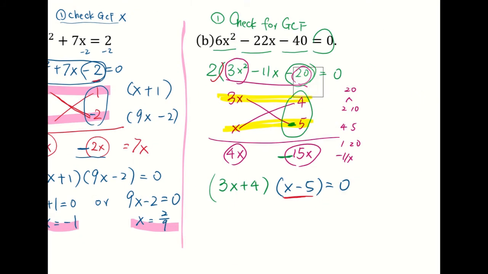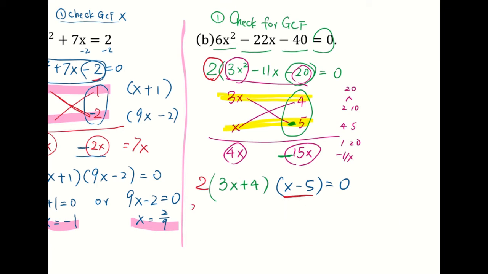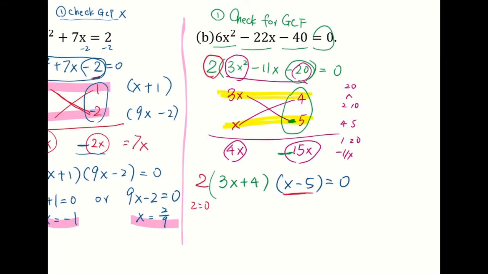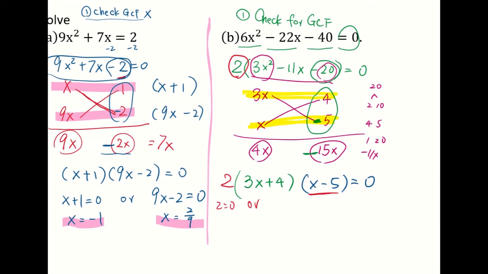Don't forget there's a 2 over here, so it's 2 times 3x plus 4 times x minus 5 equals 0. Okay, according to the zero factor theorem, either this 2 is equal to 0 or this 3x plus 4 is equal to 0.